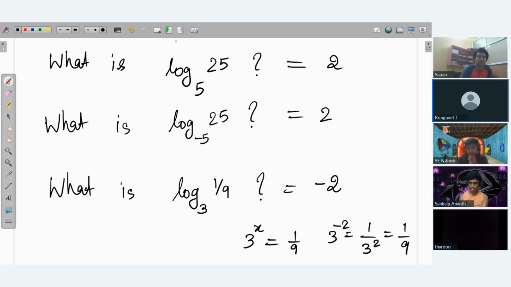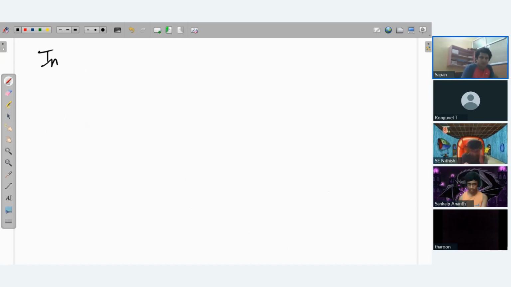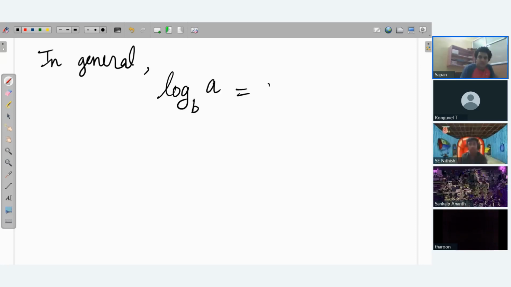So it means that in general, what will be happening? In general, if I'm writing log A on base B given the number C, what is happening in the exponential form?